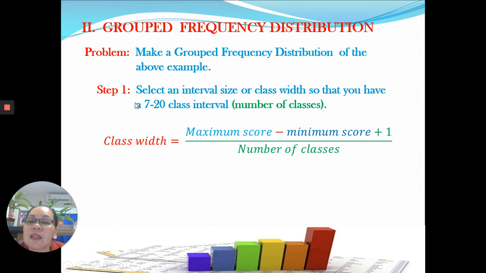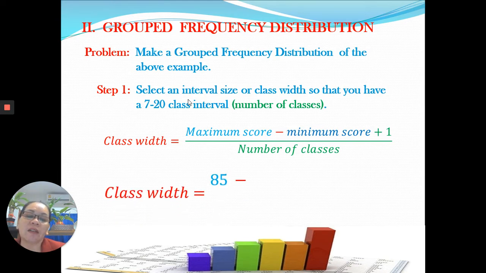So in this example, we choose 7 to be our number of class intervals. Your class width then would be 85 minus 16 plus 1, all over 7, which gives you 10.